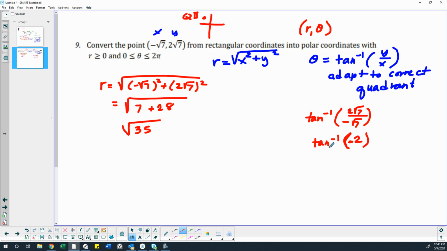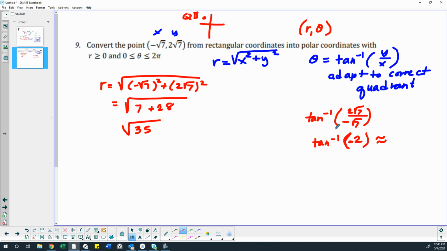Quite often we'll actually find an approximate answer for something like this because we don't know the exact answer from our chart that we memorized at the beginning of the semester. But we could get an approximate answer by using a calculator. If you're looking at the answer key, you'll notice that it's left as an exact answer instead of approximate. So I'm just going to do it both ways, so that you can adapt to either situation.